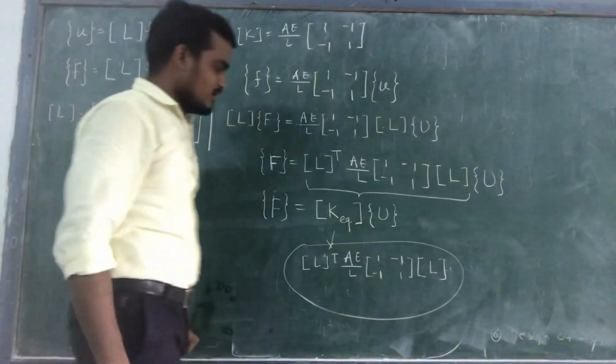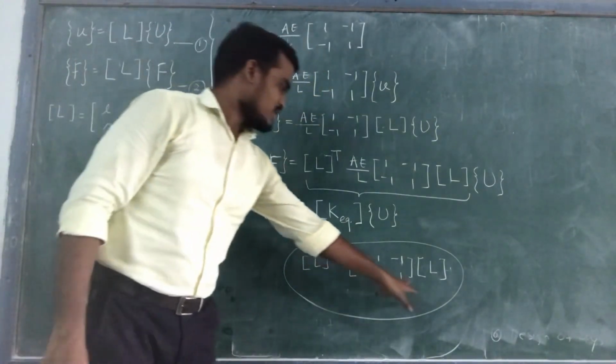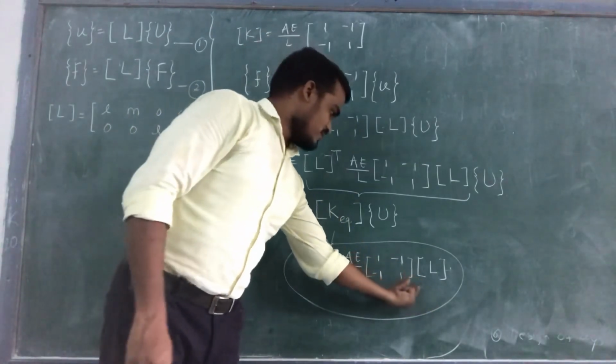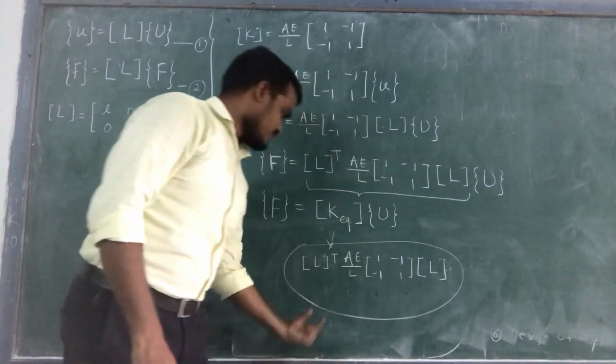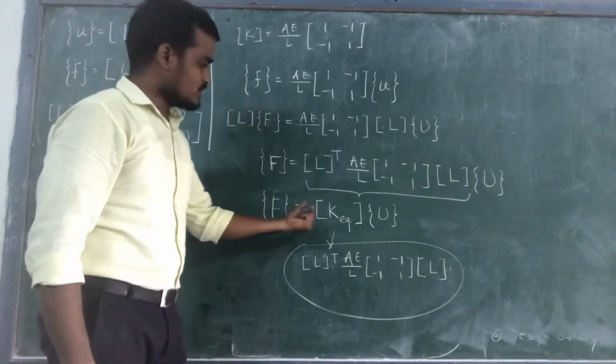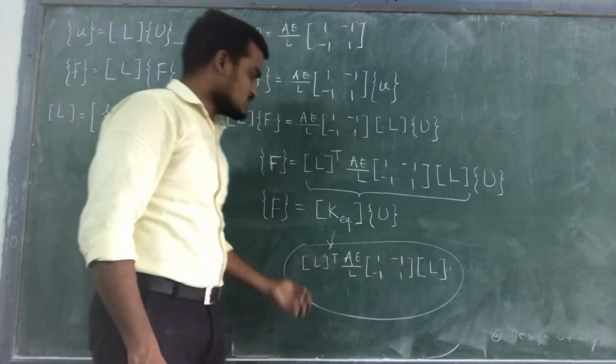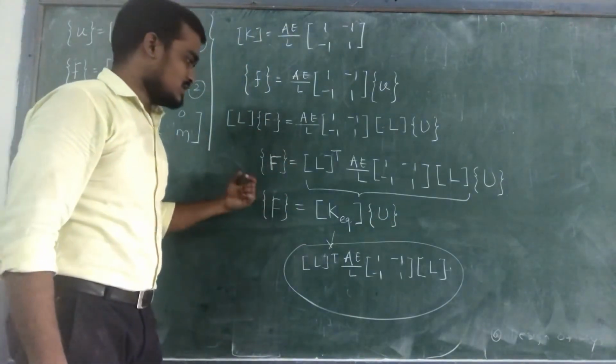Now we need to find this global stiffness matrix by simplifying this multiplication. First we will do this multiplication, then we will do the next one. So you will get global force vector is equal to global stiffness matrix into global displacement vector.